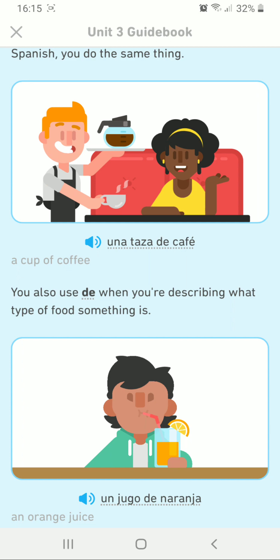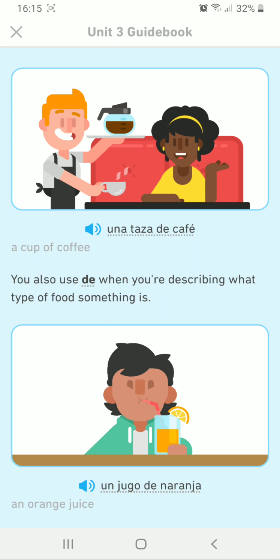Una taza de café, it's a cup, taza. Vaso, it's a glass. So, in a taza, you drink the coffee in a cup, just like a tea. So, a cup of tea, a cup of coffee, but a glass of juice, a glass of water, and so on. You also use de when you're describing what type of food something is.